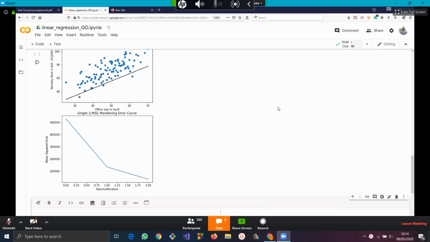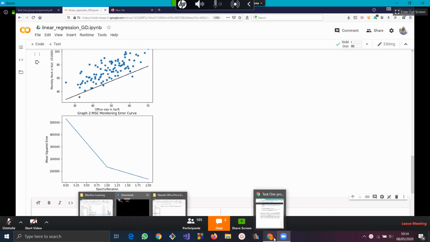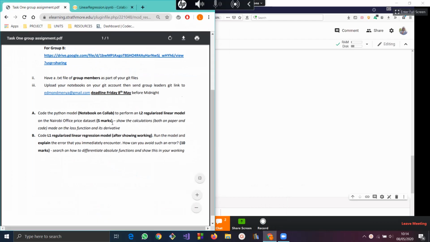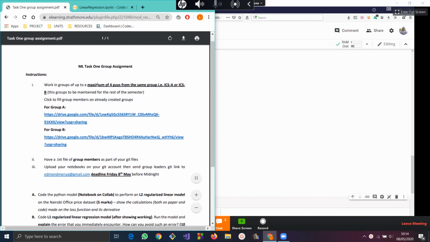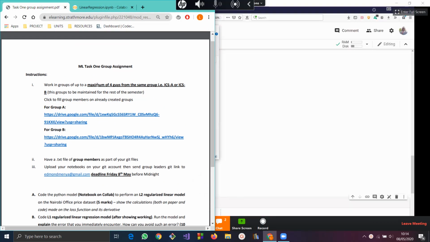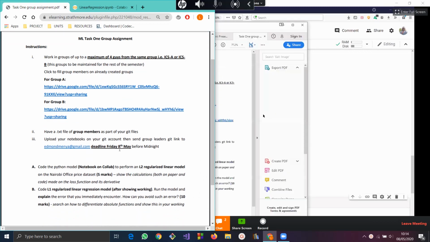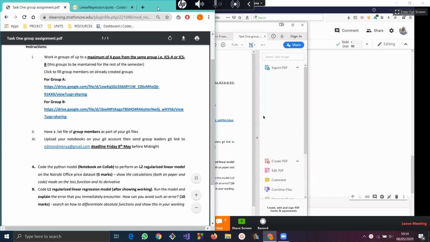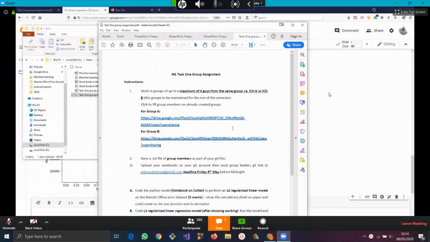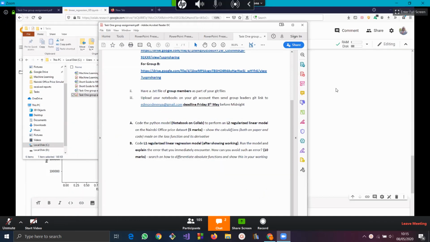I'll actually be marking the working on these parts that I've talked about. So it's here, let me see. Yes, there's some working to be done, especially on revising the derivative and checking them out. Also here, just follow these instructions.